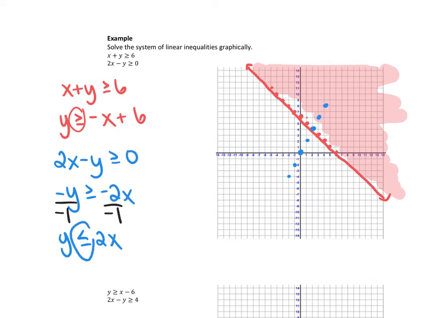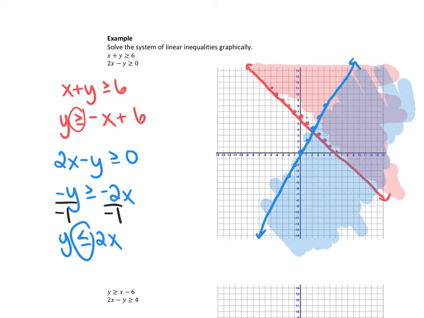And here, again, your symbol is less than or equal to, so I'm going to have a solid line there, and we're shading below that solid line this time. So I'm shading down here, below the y-intercept.